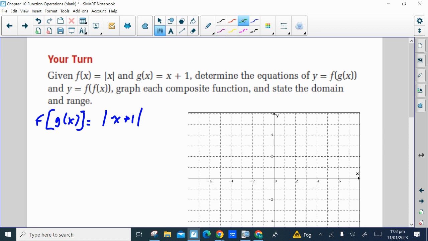But then it also asks us to do f of f of x. So f is embedded into itself. So wherever we see the variable in f, which is the x, we're going to replace that with all of f. We're going to replace this x with the absolute value of x.